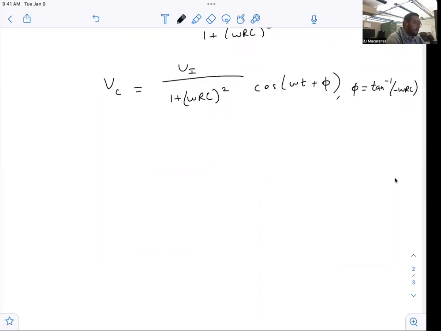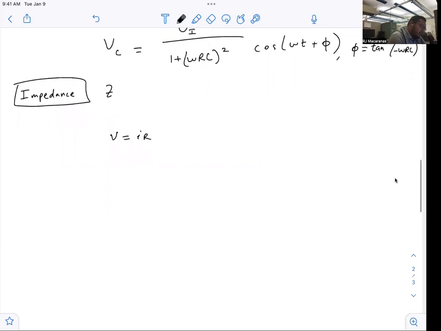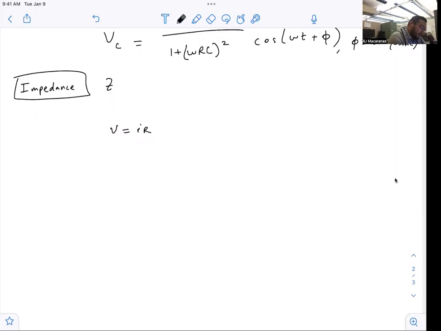But what's more important that we take away is looking at the impedance. When we're talking about impedance, we're looking for the equivalent or effective resistance of something seen by an alternating current source. So when we have our voltage-current relations, V is IR for a resistor. The impedance is usually denoted by a Z, and it takes the form of whatever is multiplying the current or the voltage.